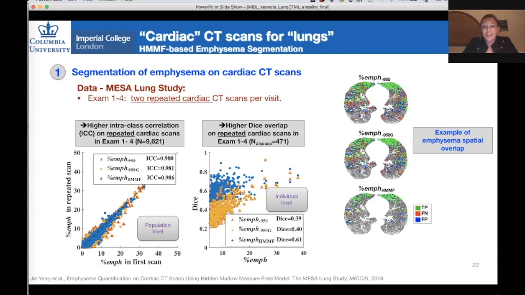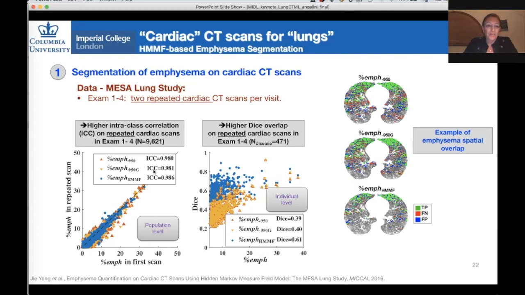In terms of validation of this segmentation, again, we don't have any ground truth, so we exploited two things that were available in our data. First, for some subjects, we had two repeated cardiac scans acquired at the same visit. And that's really gold, because you know that whatever you're segmenting should be highly reproducible.